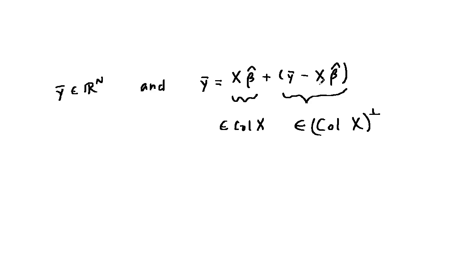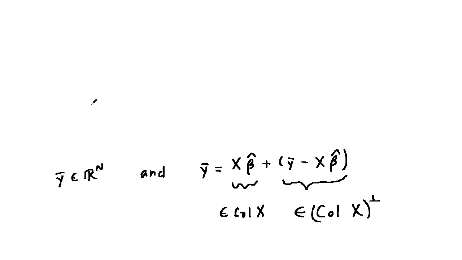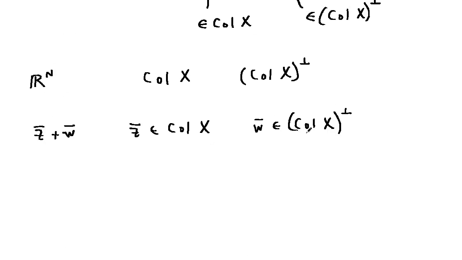But that something else has to lie in the orthogonal complement of the column space of X, because any vector in R^n can be written uniquely as the sum z plus w, where z lies in the column space of X and w lies in the orthogonal complement. So that's what we said here.